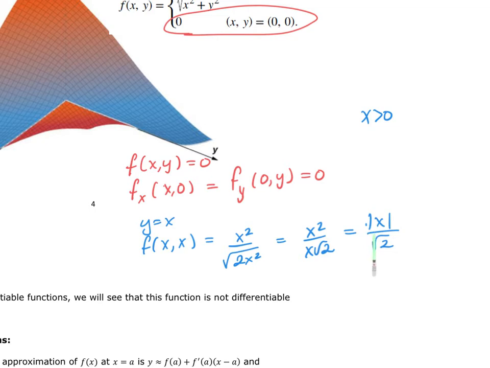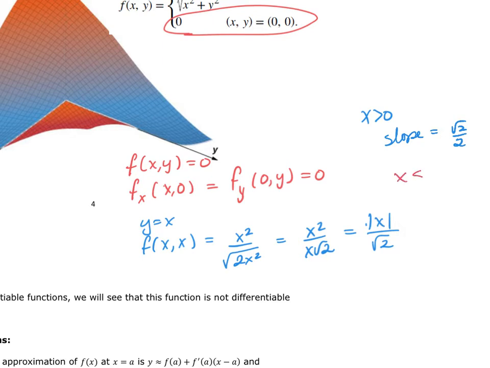So we had to approach from the left side and the right side. Well, when we were approaching from the positive side of x, so when x is greater than 0, my derivative, my slope here is going to be equal to the square root of 2 over 2.